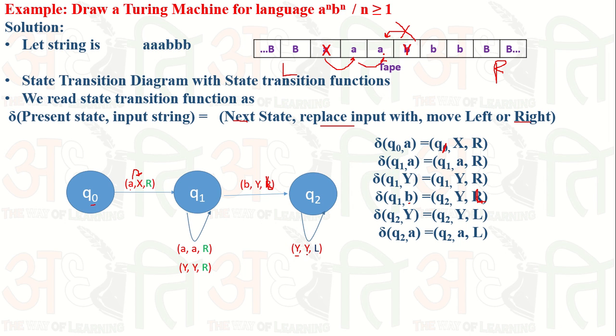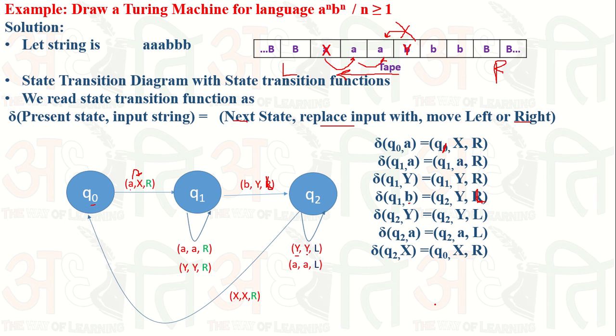Similarly, when we are facing A at state Q2, then we simply keep A as A and state Q2 as Q2 and go left. So we are moving up to the X. When X is encountered, again history will repeat.